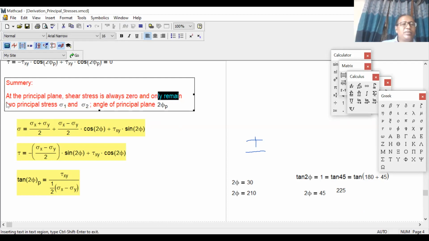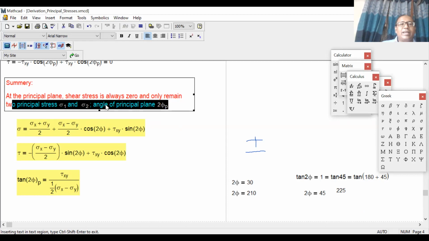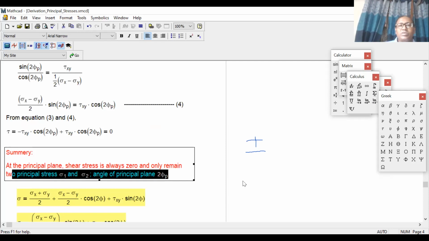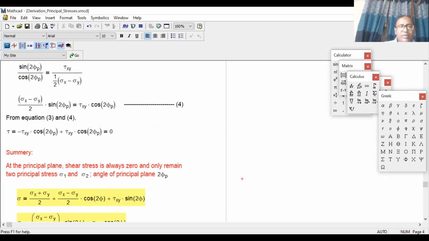Only two principal stresses remain, sigma 1, sigma 2, and the angle of principal plane 2 phi p. Okay. So far, any question? Anyone? No question? Okay, good.